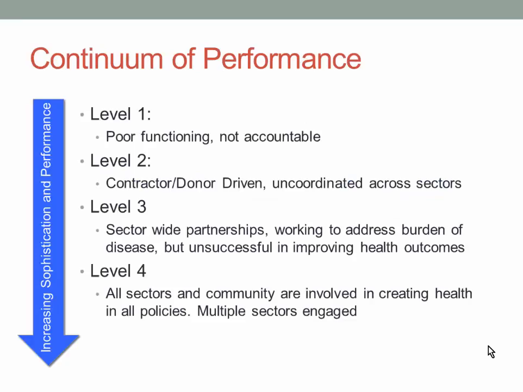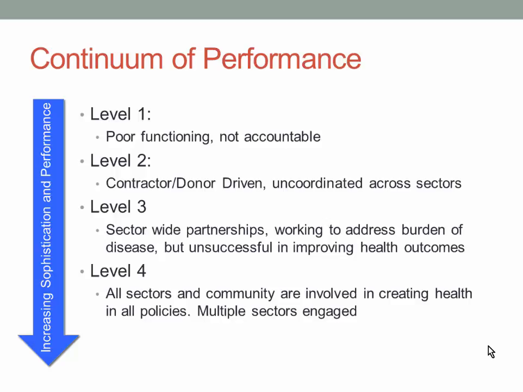So in terms of a continuum of thinking about community health platform performance, this is one we've put together where, as you'll see on the left-hand side, as we move up in levels, we're increasing sophistication and performance of community platforms. Level 1 is poor functioning, not accountable. The community does not have a strong say in health activities, and in general, there's not a strong community platform at this level.